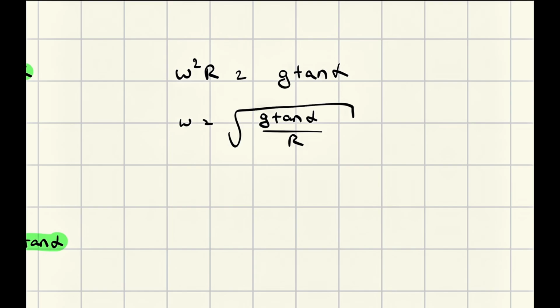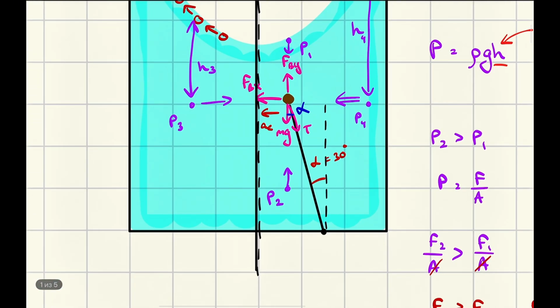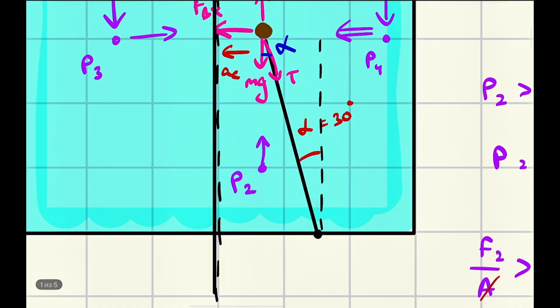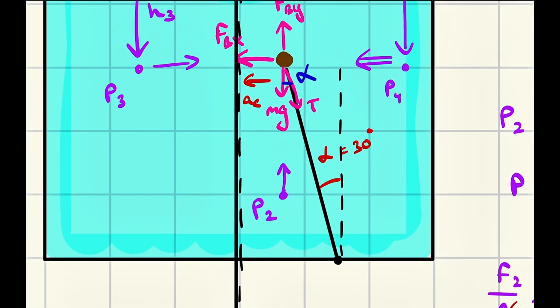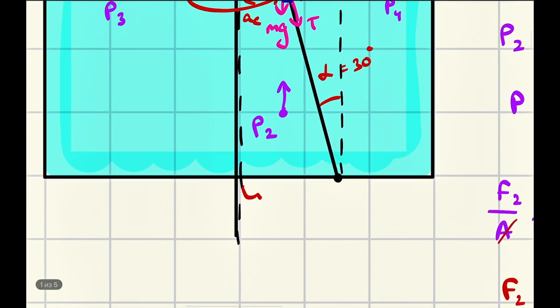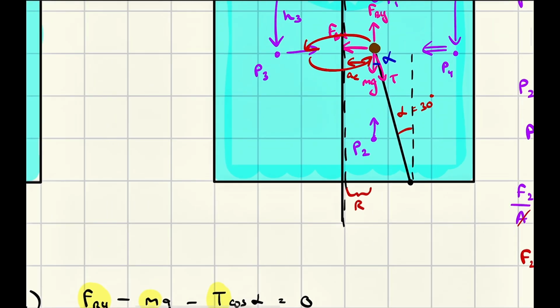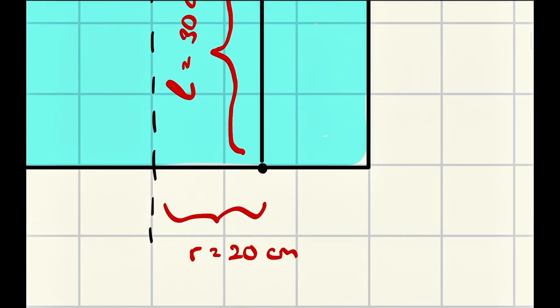However, it's not the final answer because we don't know what this r is, but in fact we do. When this thing rotates, we need to find this little radius. As I've said before, this wooden block rotates like this, and we know this radius because in the beginning we are told that this thing is attached at a radius of 20 centimeters.